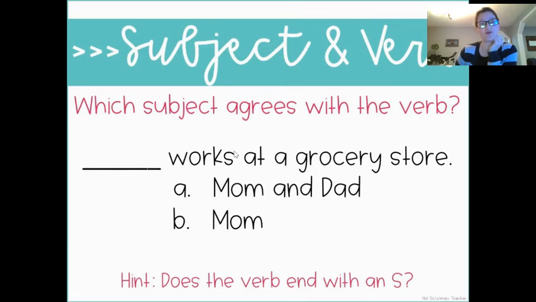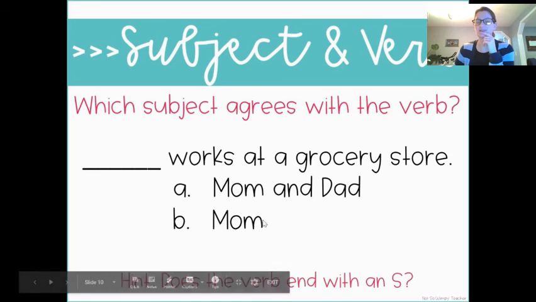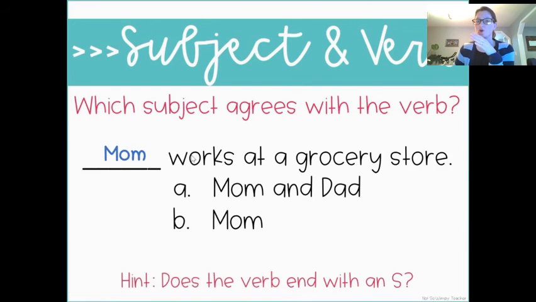And I know that the rule is if the subject is singular, you add an S. So I think it's going to be mum, because that's just one. Mum works at a grocery store. Yep, that agrees. Mum and dad works at a grocery store? No. If it was mum and dad, we would take the S off. Mum and dad work at a grocery store.